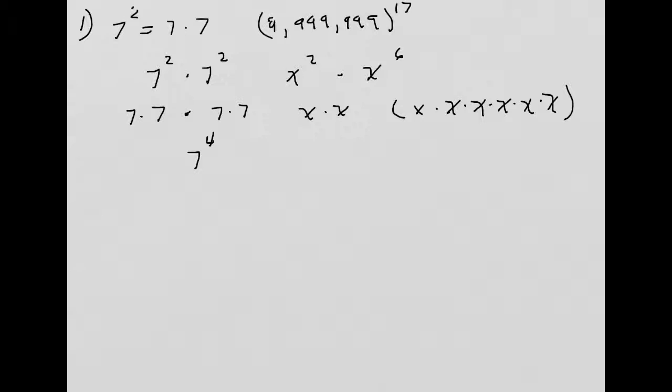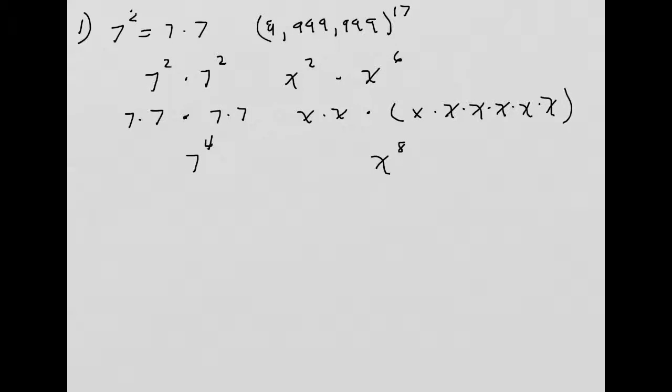Let's count here. Let me double check. 1, 2, 3, 4, 5, 6. And you can see that this multiplied by that gives you how many x's? Well, that would be x to the 8. So that's where this law comes from. You can just add 6 plus 2, which will give you x to the 8.